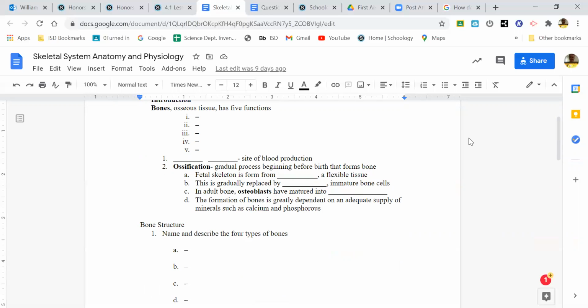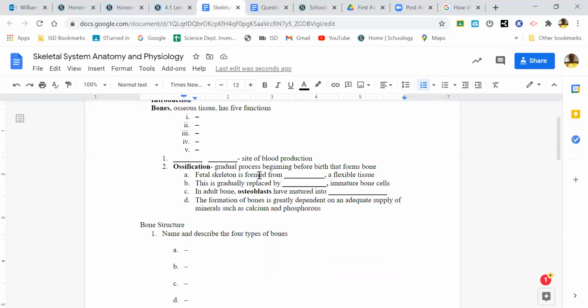So ossification is a gradual process beginning before birth that forms bone. The fetal skeleton is formed from cartilage, a flexible tissue. This is gradually replaced by osteoblasts, immature bone cells.